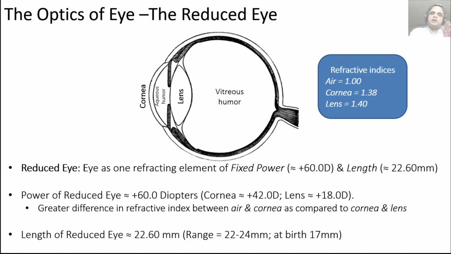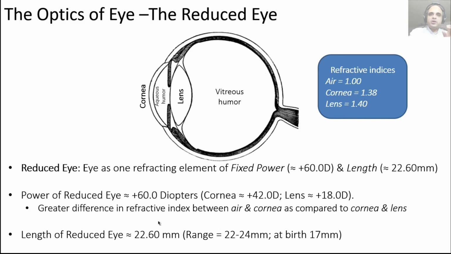The length of the reduced eye is 22.6 millimeters. However, a normal individual might have an eyeball in the range of 22 to 24 millimeters, while at birth the length of the eyeball is 17 millimeters. If you think about it, since we are saying that the eye has a power of 60 diopters, and this 60 diopters is able to take light rays which are parallel, we'll talk about this in a minute, and focus them on the retina, then if your eyeball length is not 22.6 and falls within this range, this 60 diopter power has to be different.